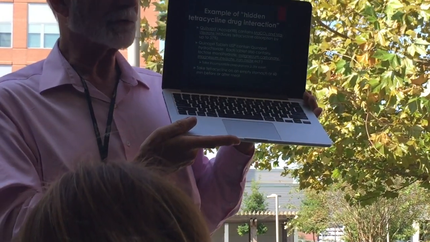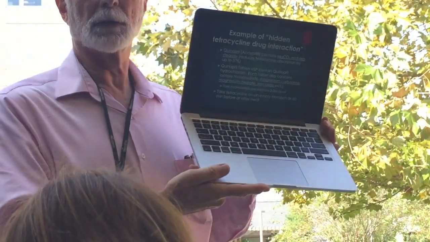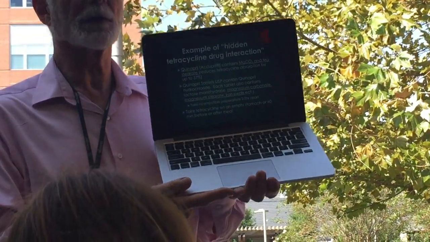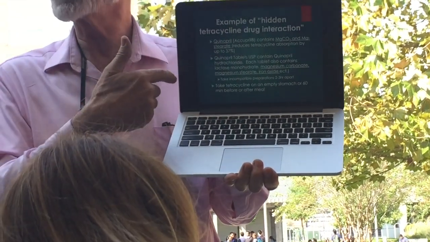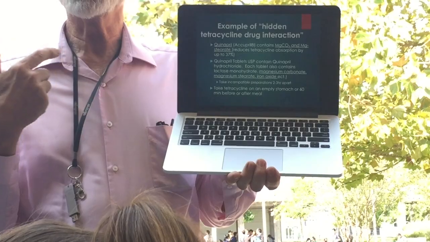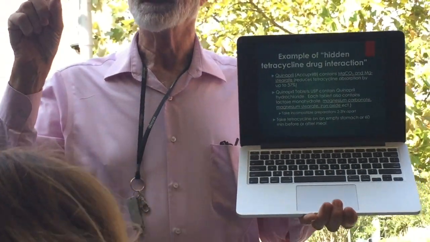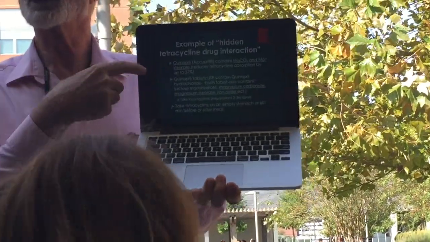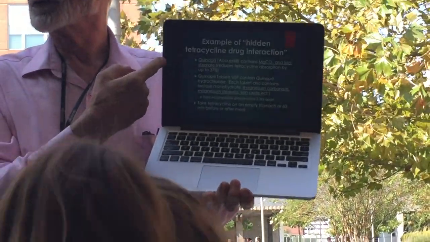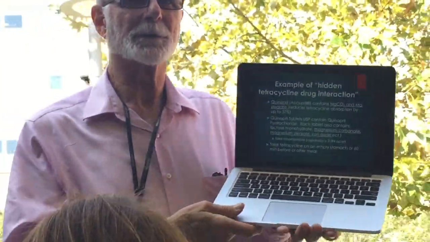So if you took your tetracycline along with this one, quinapril, although you haven't given it with any metal ions, the metal ions were in the formulation of the other drug. So when we look at the house supplied in clinical pharmacology, a lot of stuff you never look at because who cares? This is one of the reasons why you need to care. So with tetracyclines, look for metal ions in the preparation.